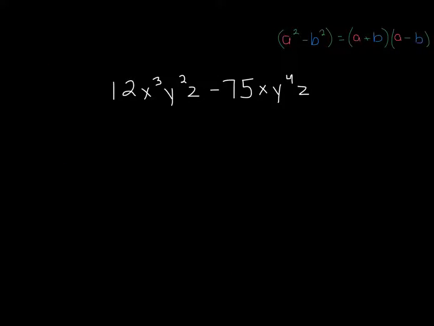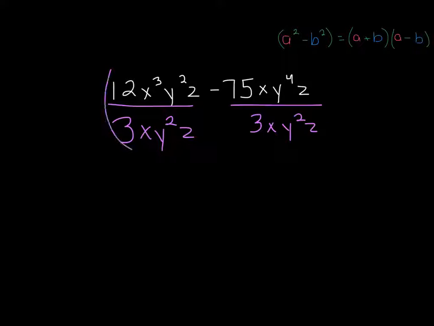Okay, we have another one here that doesn't really look like it is a difference of squares, but they have a lot in common here. We know they can both be divided by 3. They both have at least one x, at least two y's, and a z. So we can divide them both by 3x y squared z.